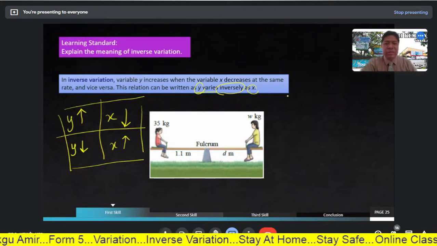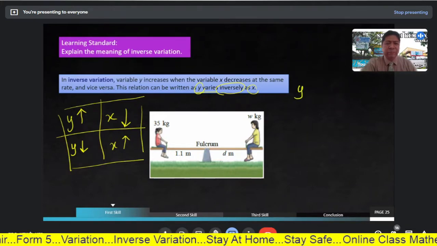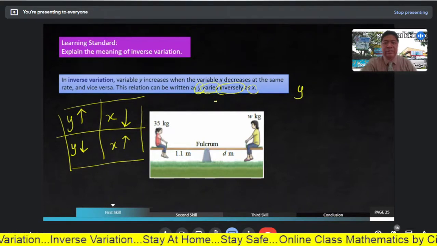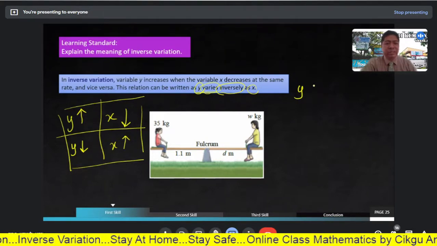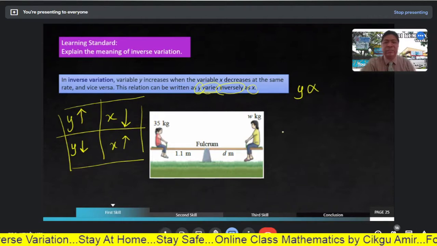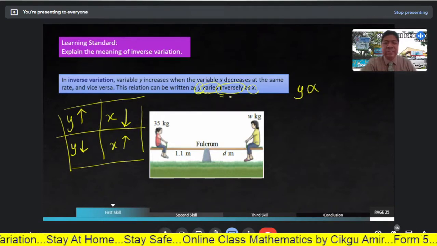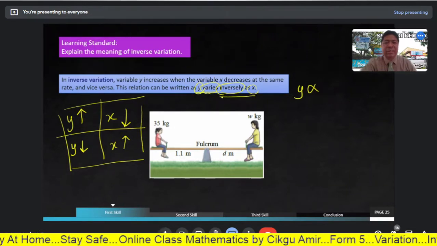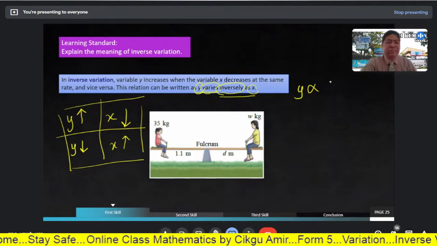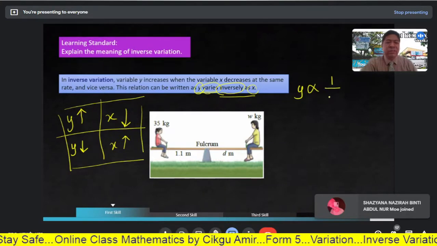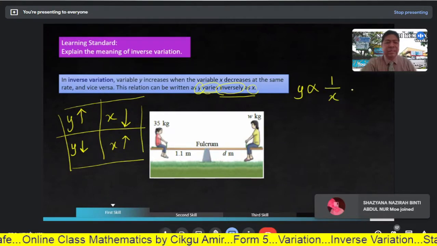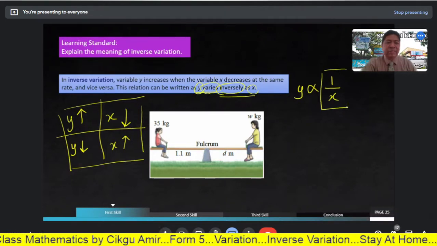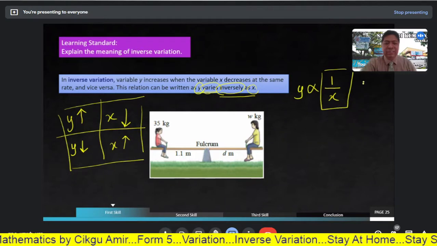So y varies, so we put a symbol of variation, inversely as x. Inversely as x is 1 over x.